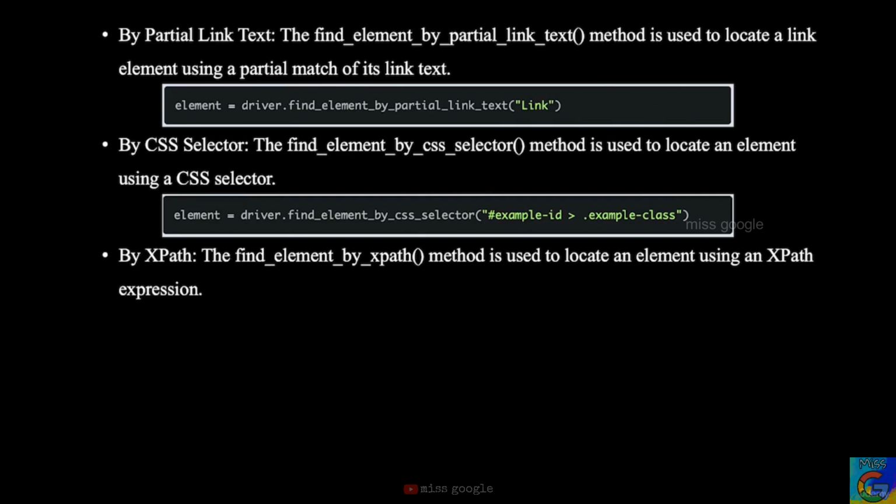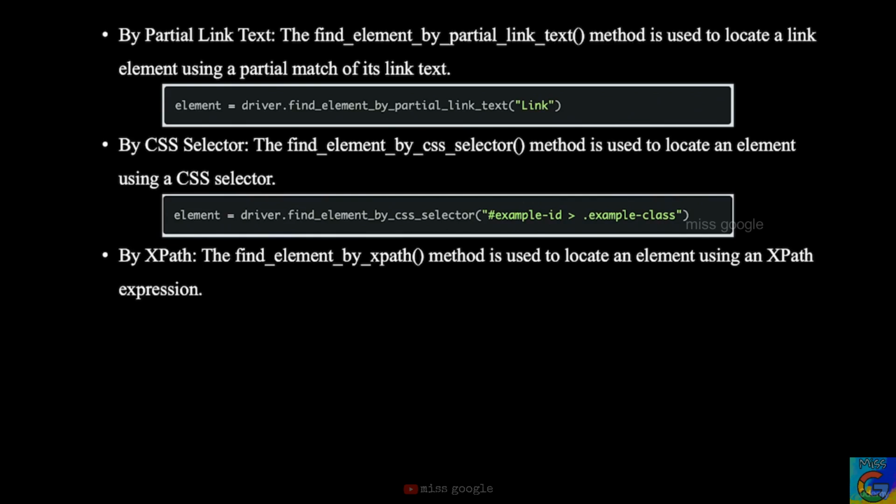By CSS selector, as you can see here in the example, we are using the pound sign to look for the ID with a value of example ID, and the dot to show we're looking for a class attribute with a value of example class. Now let's have a look at the by XPath.